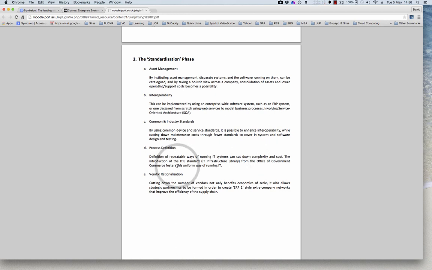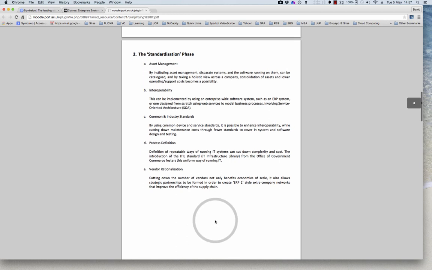the Office of Government Commerce, for example, defines how you might do that. That's in the UK. And then you have vendor rationalization, so you're effectively cutting down the number of people you buy things from, with the idea of making the systems more reliable. So that's the standardization phase.